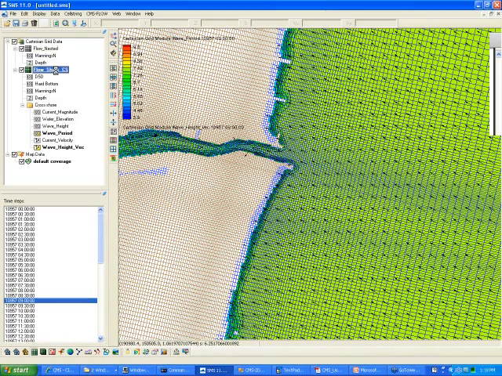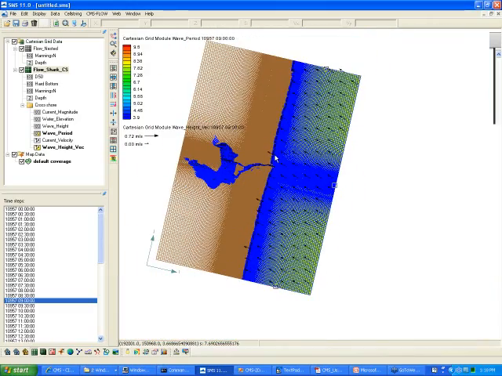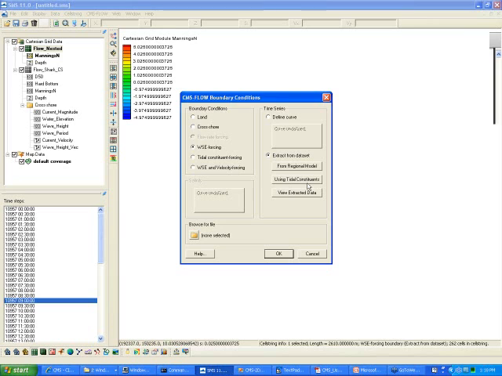So the way it works is that you would run the larger solution, the larger grid, for whatever time period, and then you'd load it with the solution file in SMS, and then you go to the smaller nested grid, select its cell strings, say apply boundary condition, and then you can extract from the regional model.